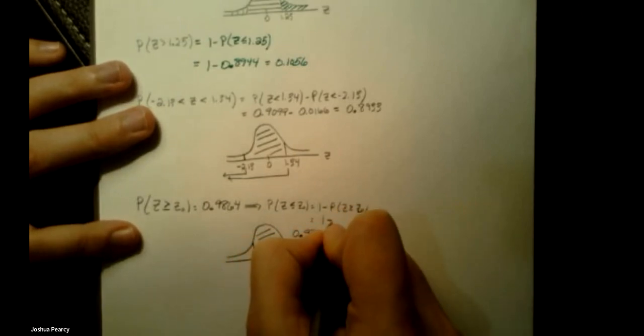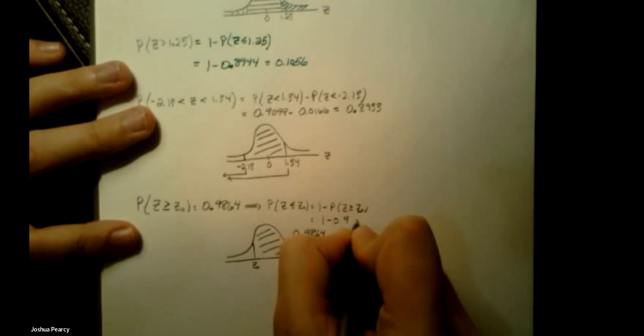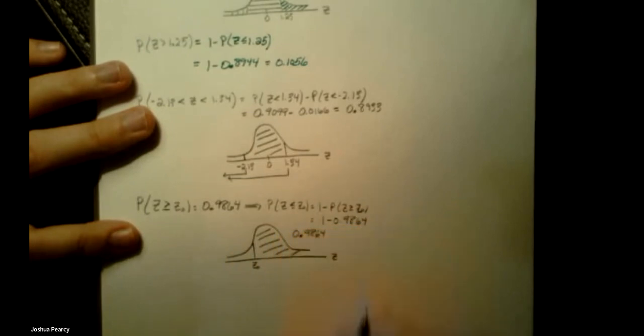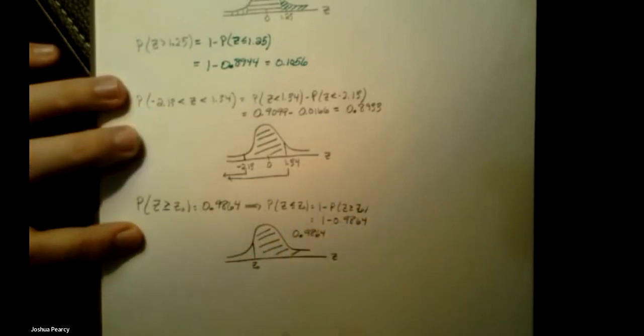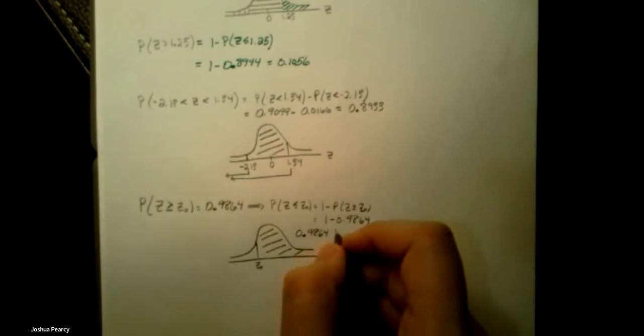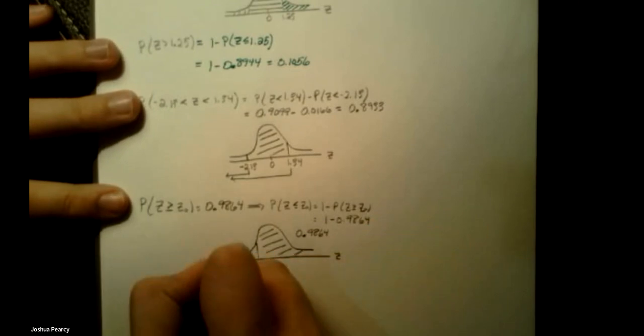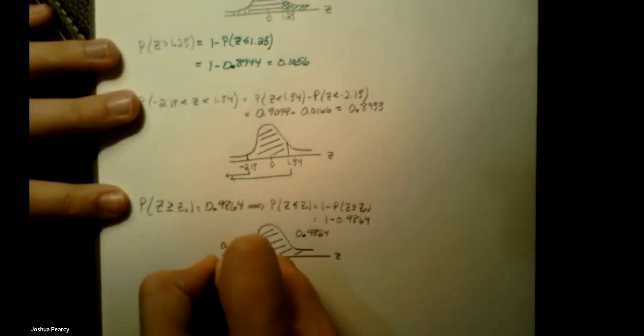So it's just 1 minus 0.9864 is the area to the left of that. So that would imply that is 0.0136. Everyone okay with how I got that? Just taking 1 minus it because the total area under that curve has to be 1.